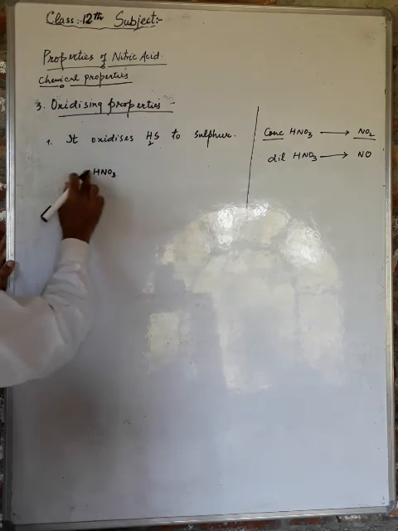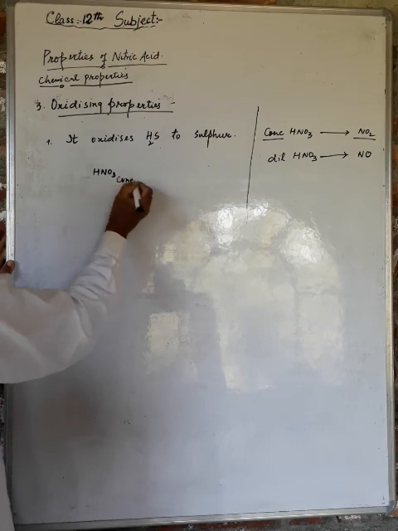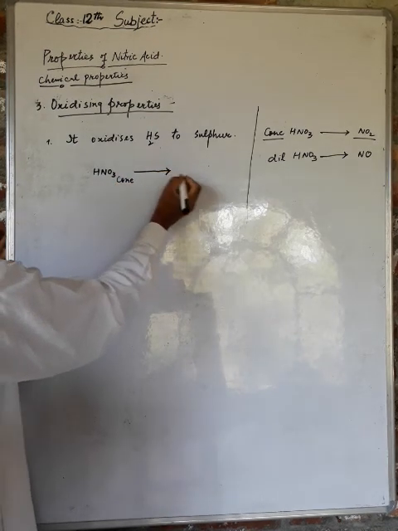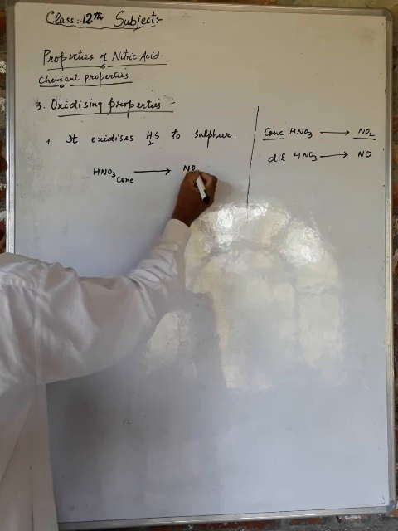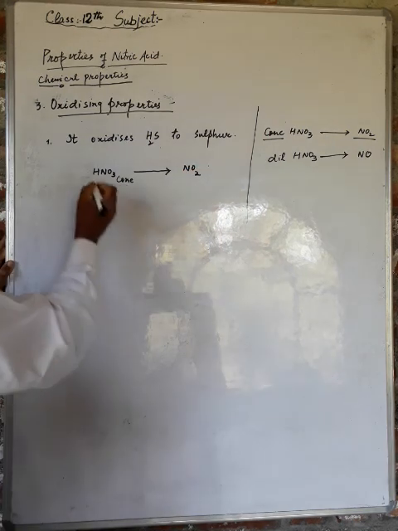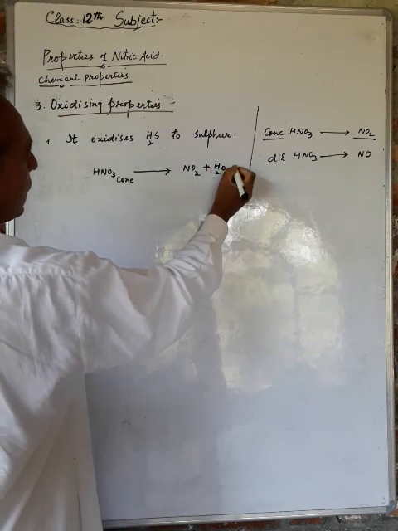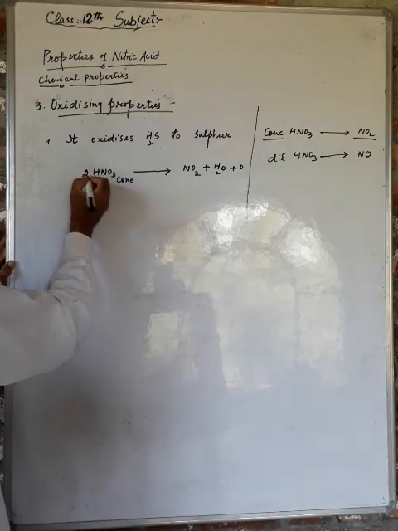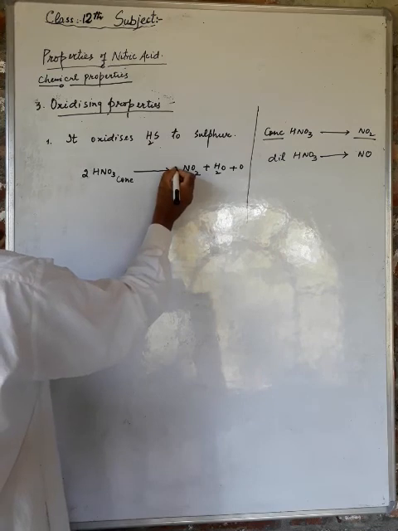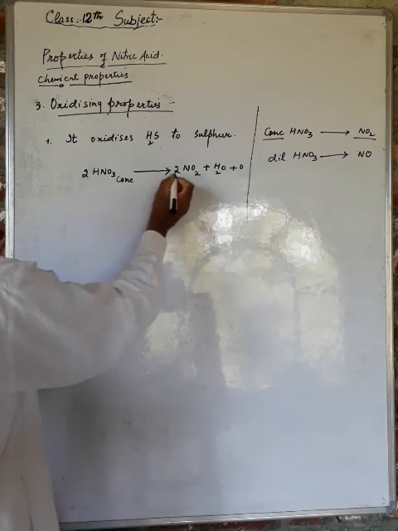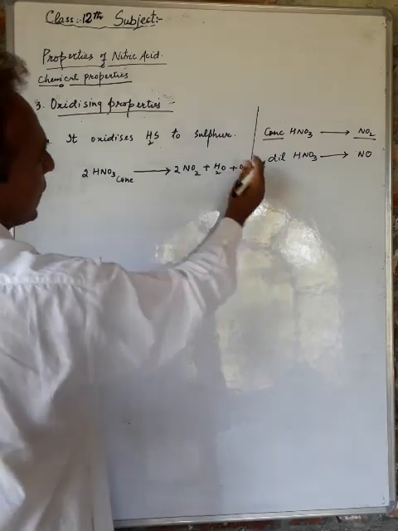If we take HNO3 concentrated, it first decomposes, forming nitrogen dioxide plus water plus oxygen, twice NO2. 2 threes are 6, 2 twos are 4, 5 and 6.